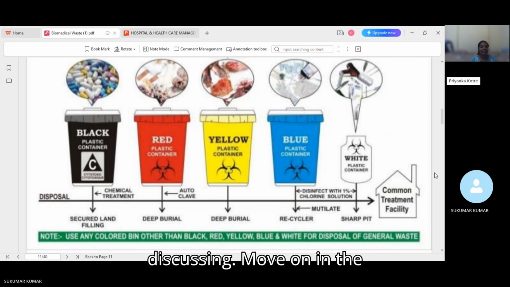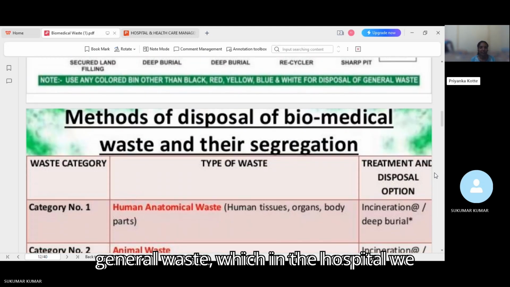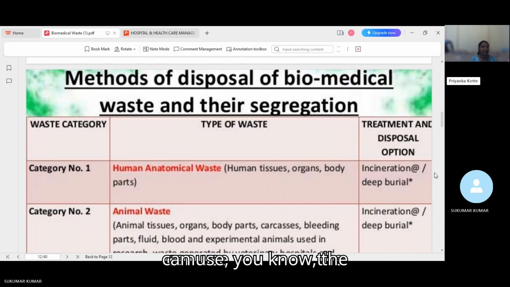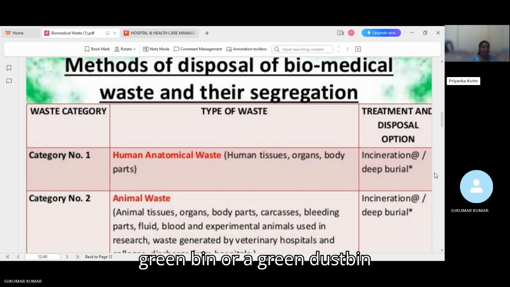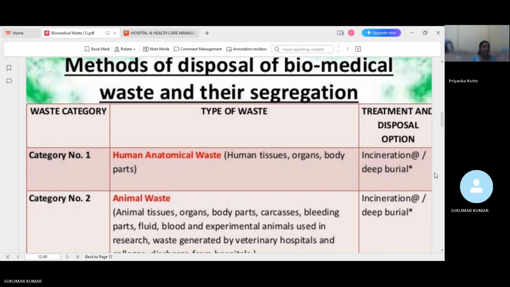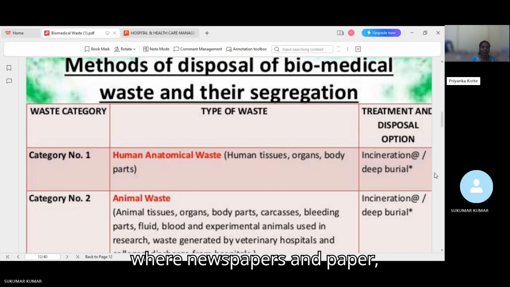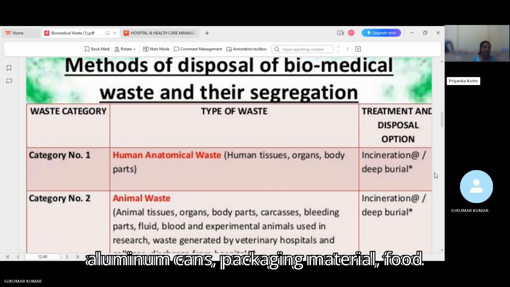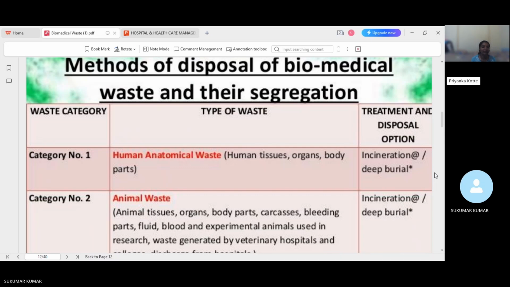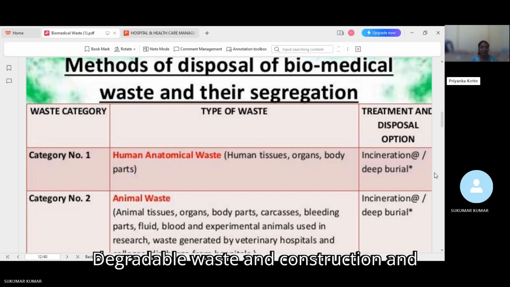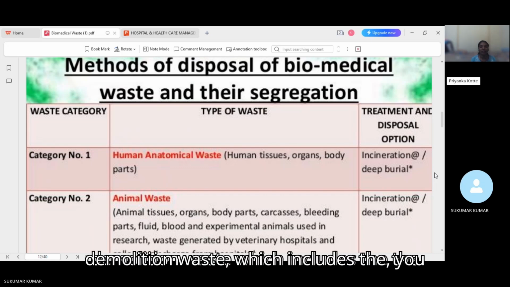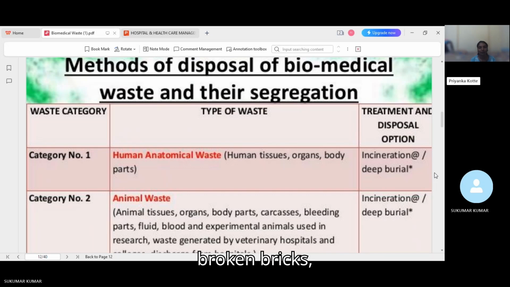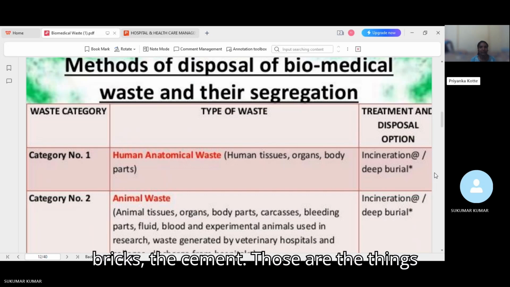Move on. In the general waste, in the hospital we can use the green bin or a green dustbin, where newspapers and paper, cardboard boxes, plastic water bottles, aluminum cans, packaging material, food containers, organic and biodegradable waste, and construction and demolition waste, which includes the broken bricks, the cement.